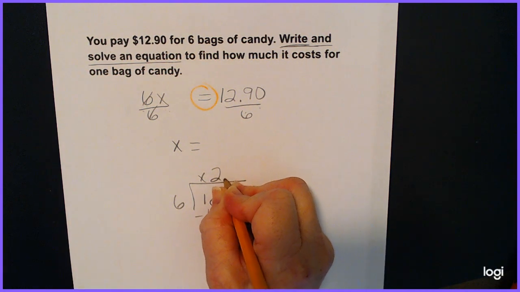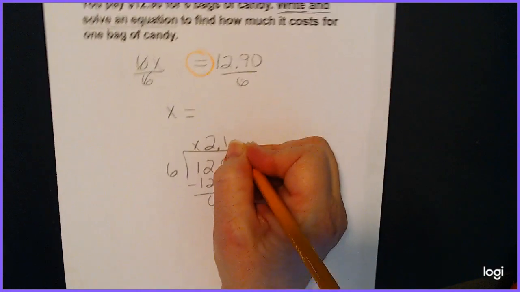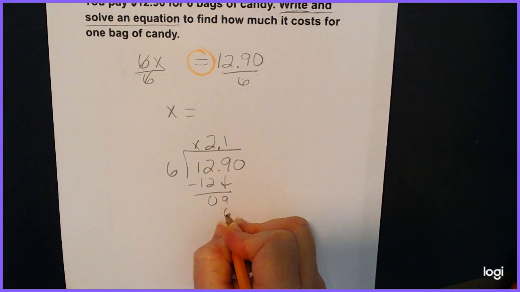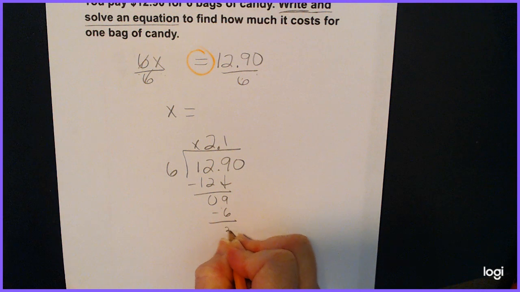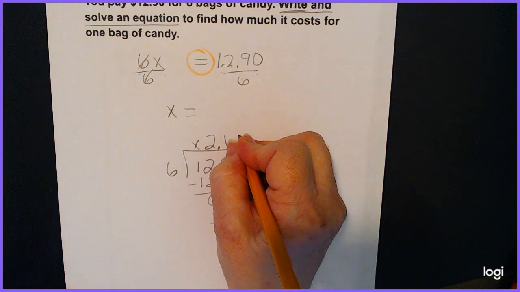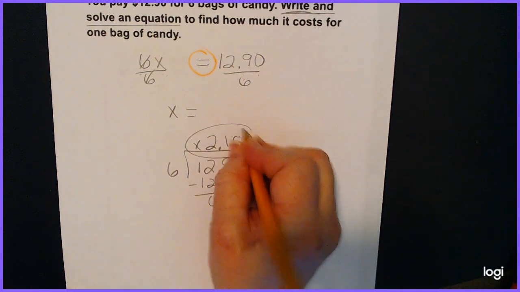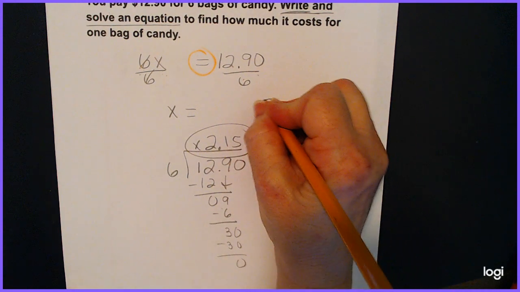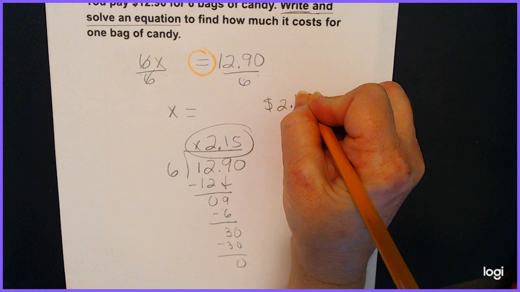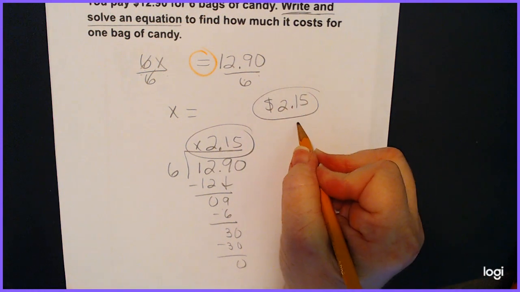Carry my decimal up. It goes in 1, 6. Looks like, if my problem is correct, I have $2.15 per bag of candy.